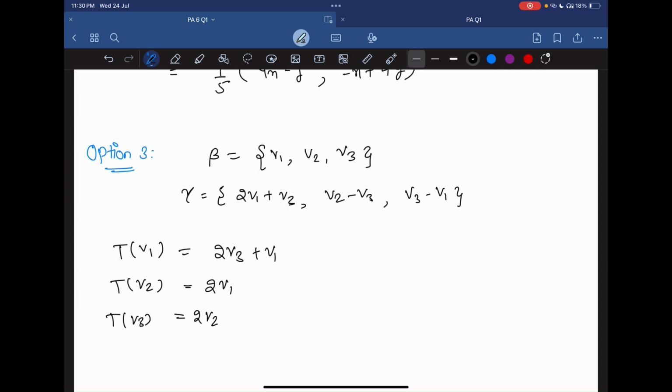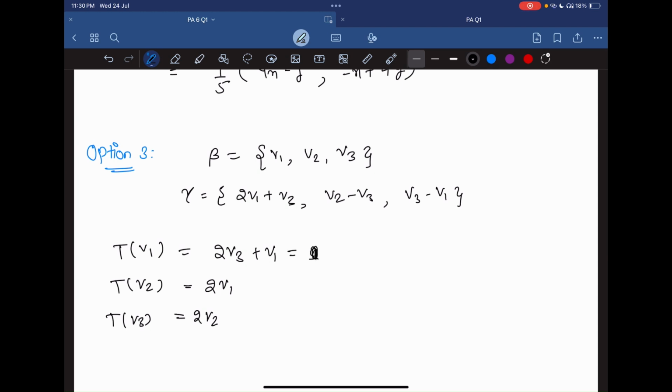Now to find the matrix representation of this linear transformation, we need to represent the image of the basis vectors of the domain in terms of linear combinations of the codomain vectors. That is, I can write this image in terms of linear combination of these vectors from codomain as follows.